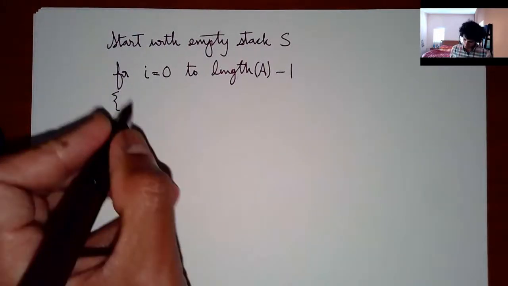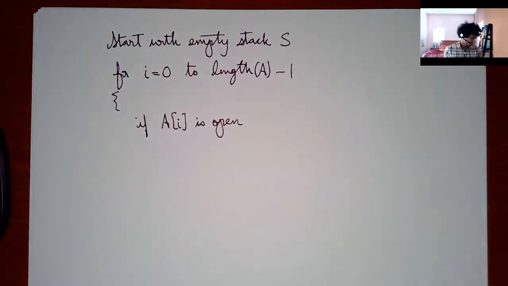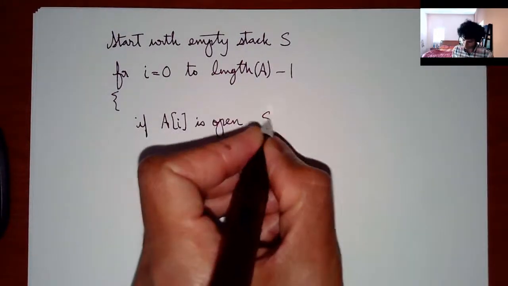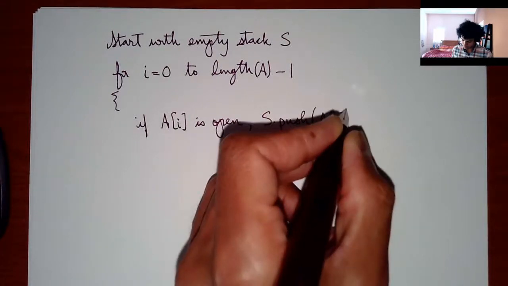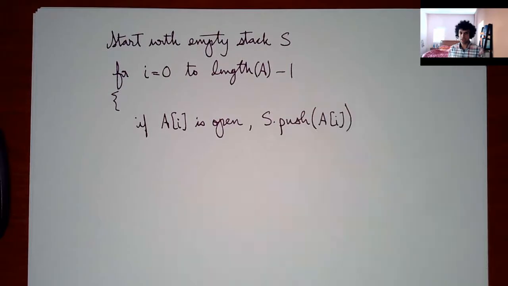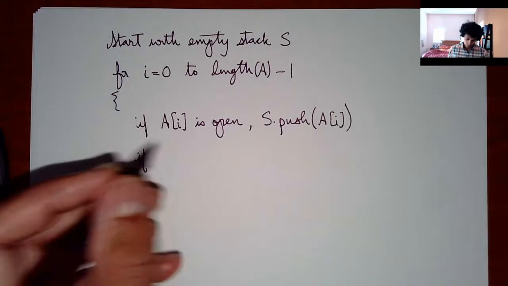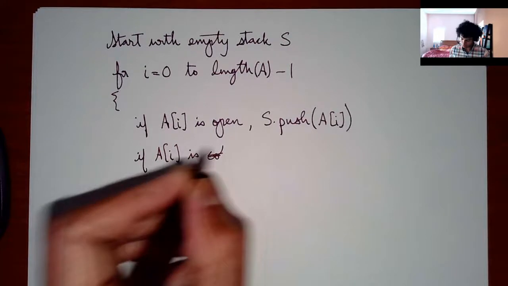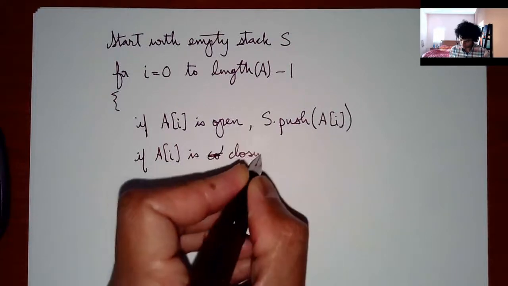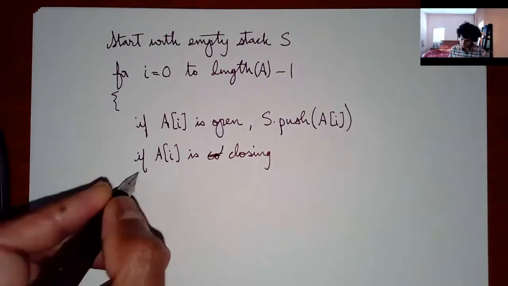So I'll say if A of i is an opening, then I'll just say S dot push A of i. So you're going to push it onto the stack. If A of i is a closing, now it becomes interesting.